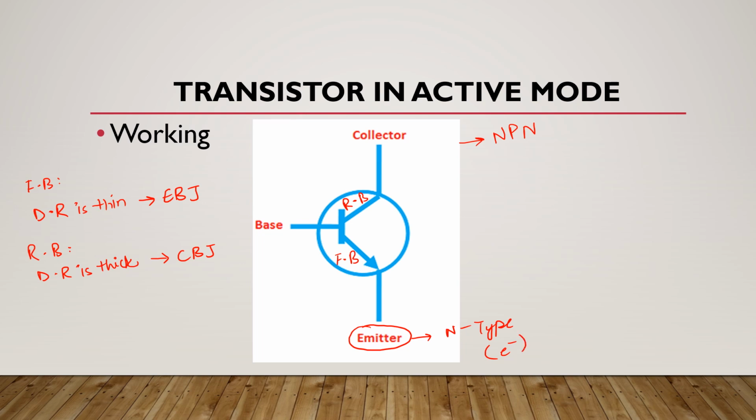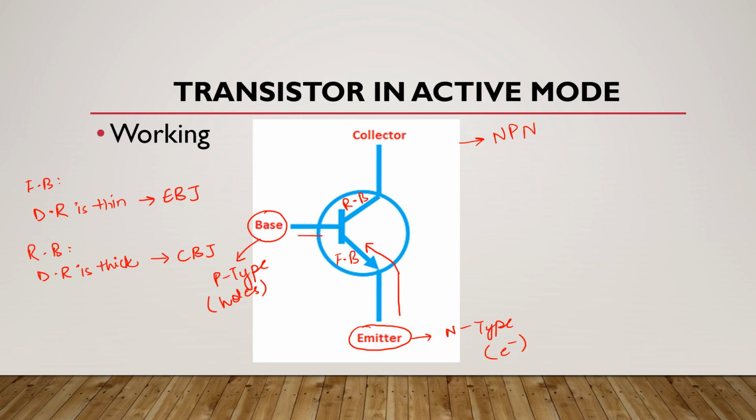Now these free electrons will easily diffuse through this forward biased emitter base junction, and they move into this lightly doped base region. Here this base is made up of p-type material, and we know that p-type material has holes as majority charge carriers, but since it is lightly doped, it consists of very few holes.